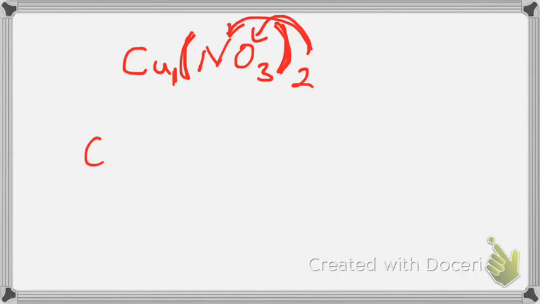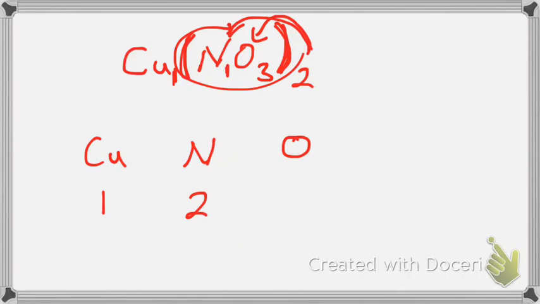So this copper, there's only one of them. That's by itself. Then the nitrogen, it has a 1 right here. So that 2 gets multiplied by the 1. 2 times 1 equals 2. So from that, we have 2 atoms of nitrogen. And finally, we have oxygen. Each one of these molecules right here has 3 oxygens, but we have 2 molecules of it, so that means that we have 2 times 3, which is 6 atoms of oxygen.